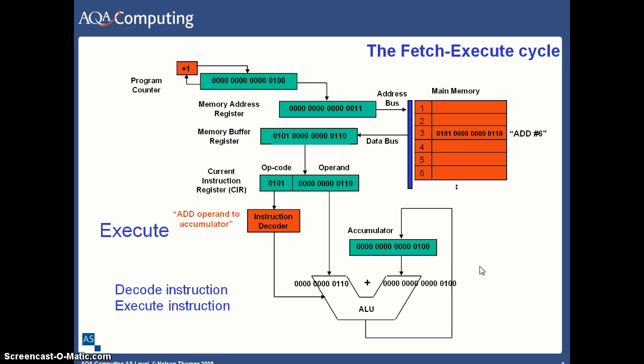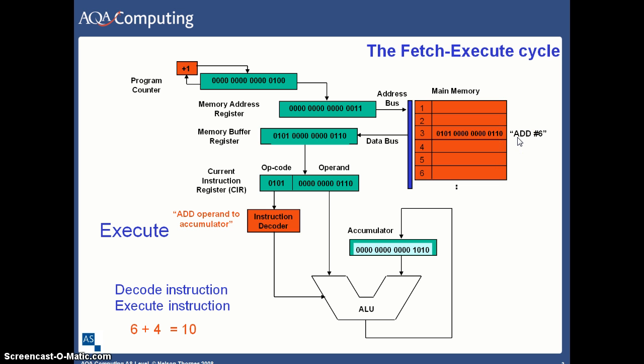That goes to the arithmetic logic unit. It takes 6, adds 4, and the result is 10, and that is then stored back in the accumulator. So that is the end of the fetch execute cycle with that one instruction.